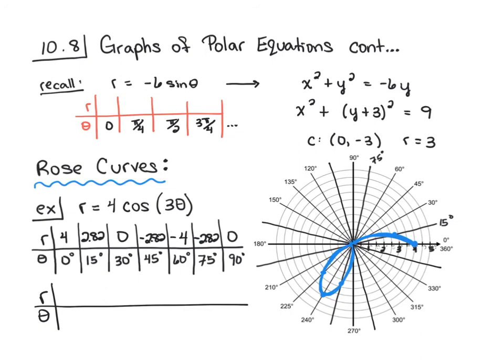So that'll be 90, 105, 120, 165. So we're going to go from 90, to 105 degrees next. Then we're going to go to 120 degrees, then 135, and then 150, then 165, and then 180. So go ahead and do that.